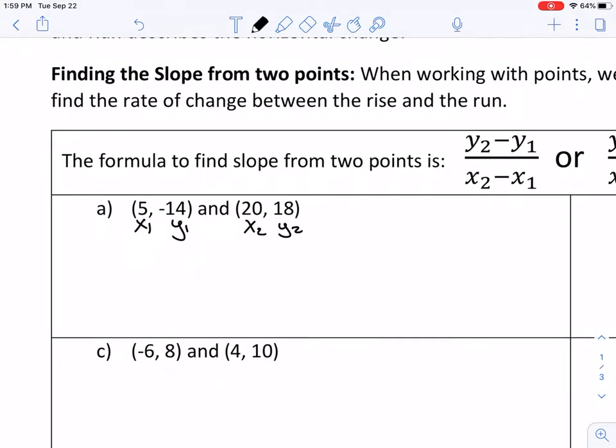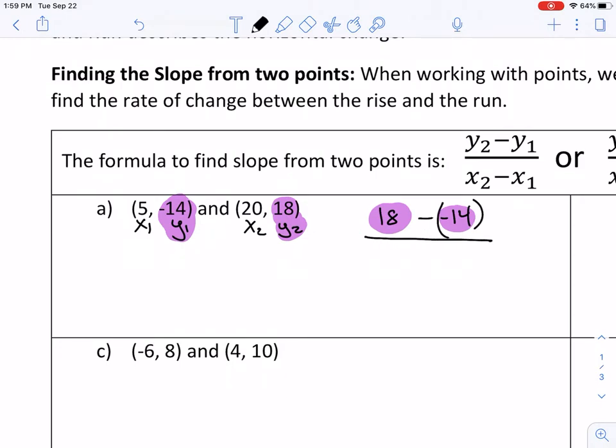Now, based on our formula, y2 minus y1, I'm going to take my y2 value minus my y1 value. So in purple here, I'm saying y2, which was 18, minus my y1 value, which is negative 14.